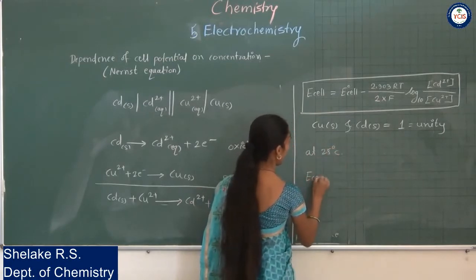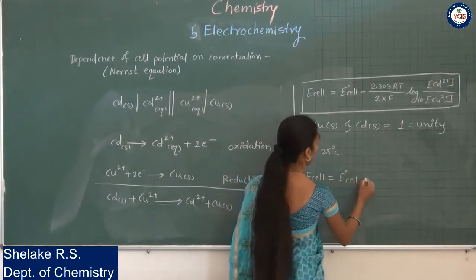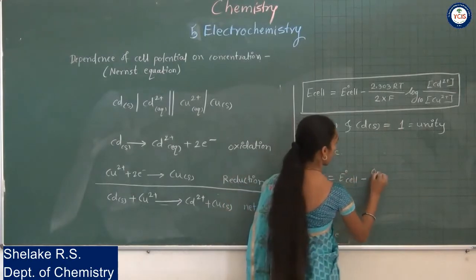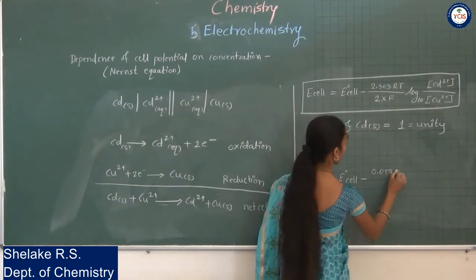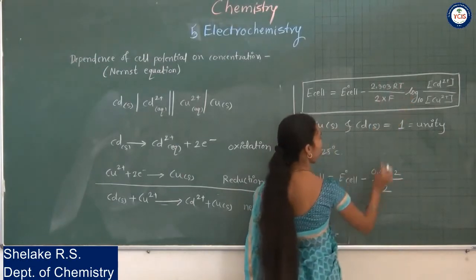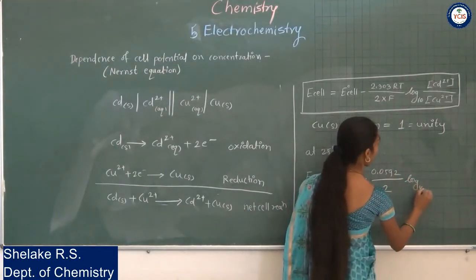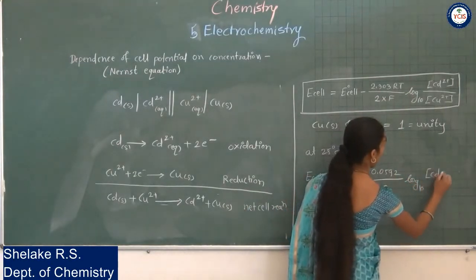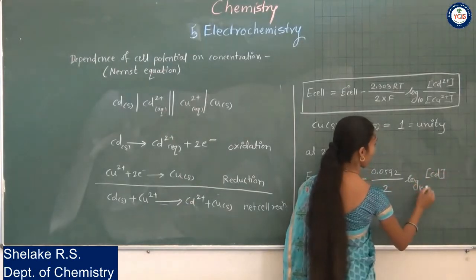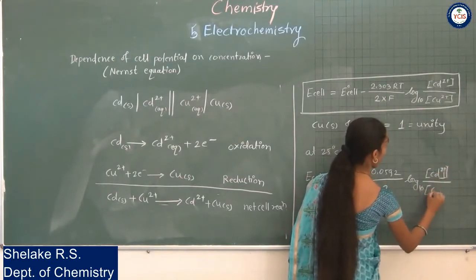E cell is equal to E0 cell minus 0.0592 divided by 2, because this value is 0.0592, into log to the base 10 of the concentration of Cd2 plus divided by the concentration of copper 2 plus.